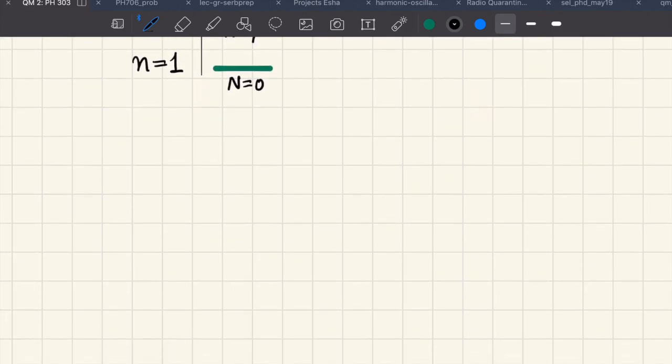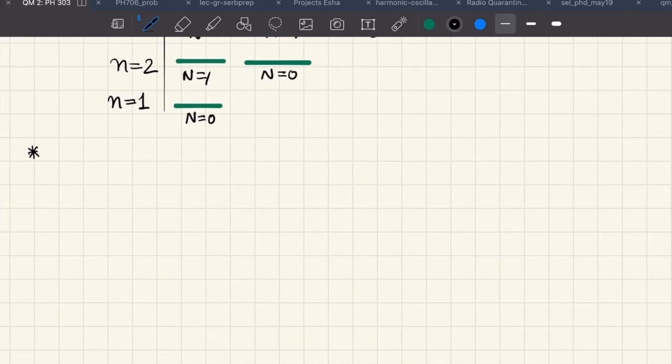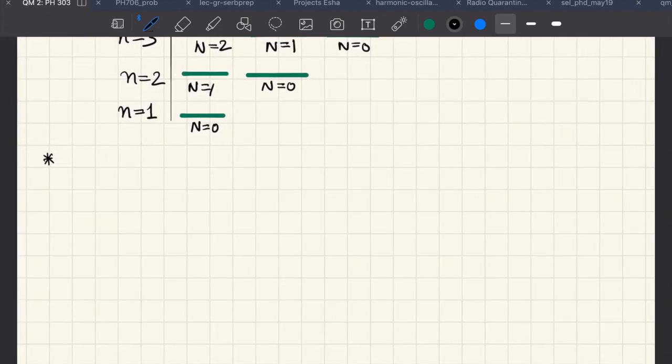Now let us look at the general form of the wave function also, because that is also very important. So the general form psi n l m of r, theta, phi, it is going to have some constant.